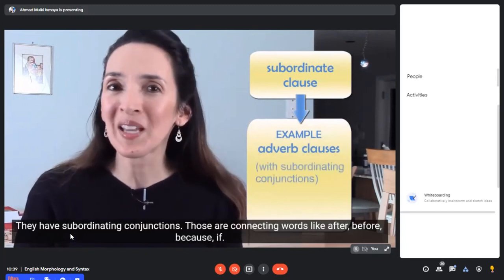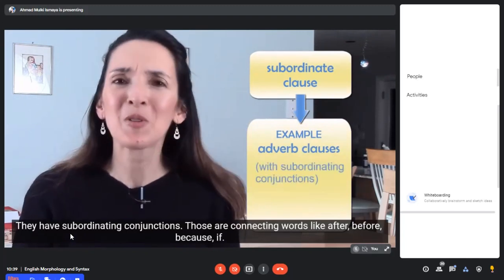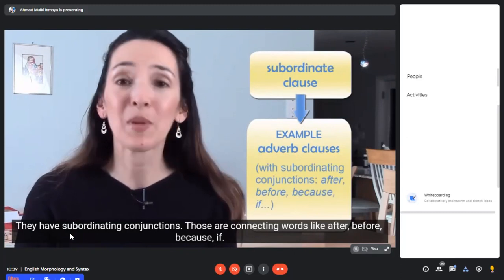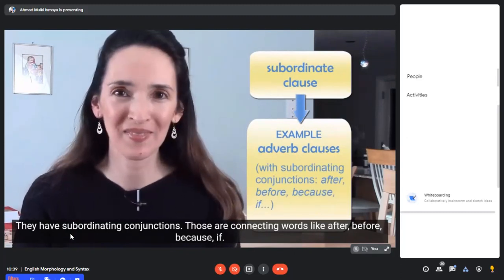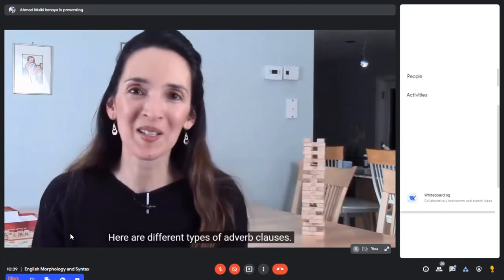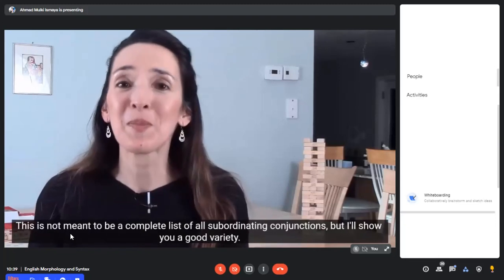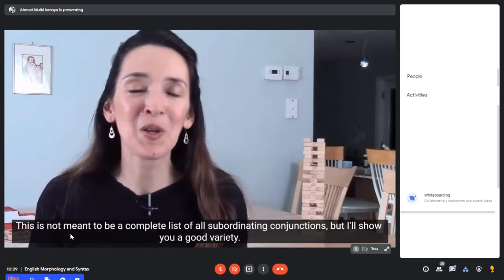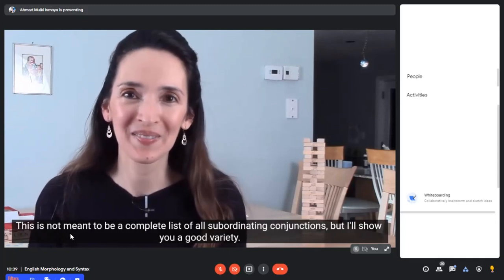They have subordinating conjunctions. Those are connecting words like after, before, because, if. Here are different types of adverb clauses. This is not meant to be a complete list of all subordinating conjunctions, but I'll show you a good variety.